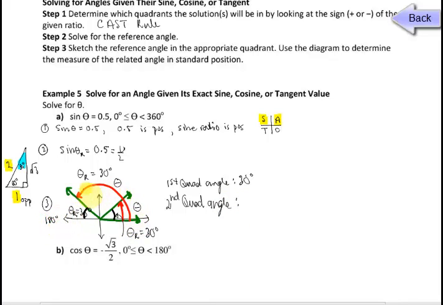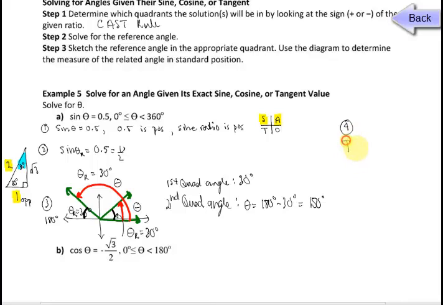We know that up to our terminal arm is unknown, but between the terminal arm and our x-axis is 30 degrees. So I can find theta by minusing 30 from 180, and I find that my second quadrant angle then is 150 degrees. So the last thing that I want to do then is I want to state my solution.